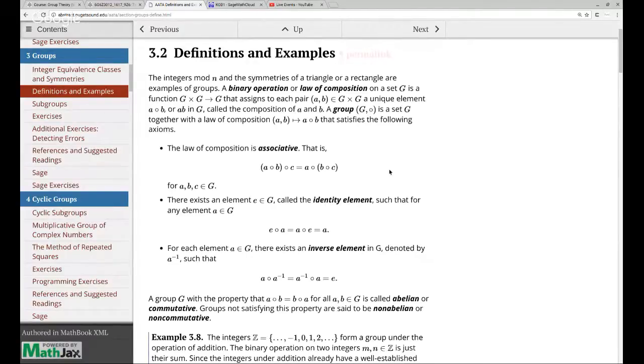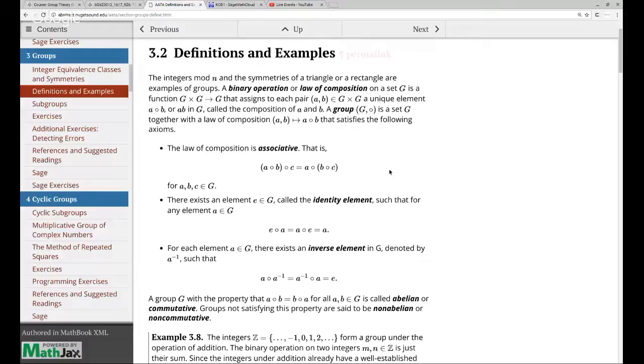It could mean first A circle B, then with the result of that circle with C, or it could mean first circle B with C, and then with the result of that, form the product A circle the result of that. Associativity is when these two ways of evaluating that product of three elements always give you the same answer for every A, B, and C in the group G.